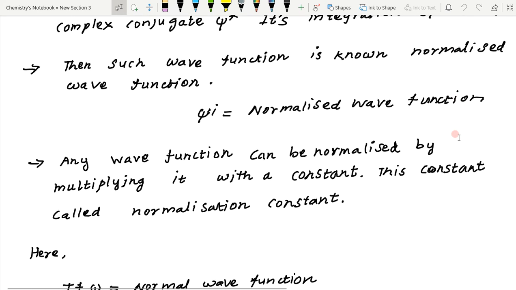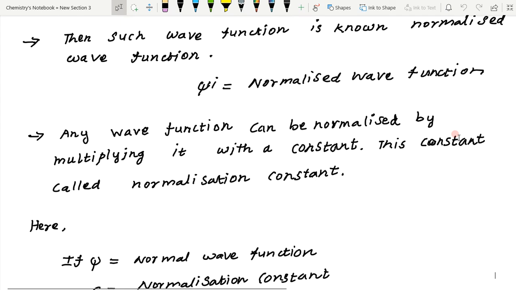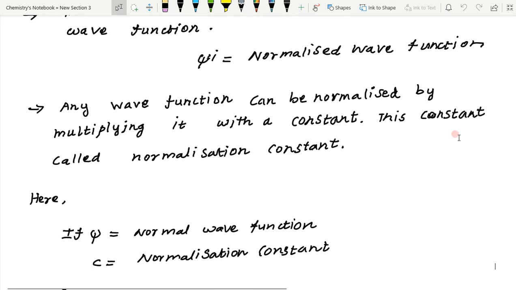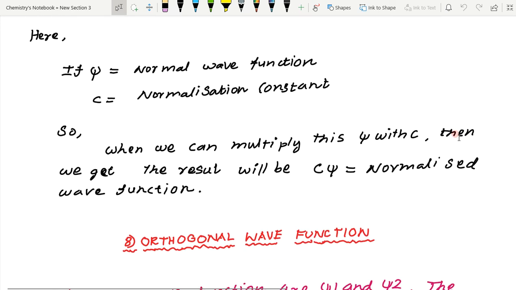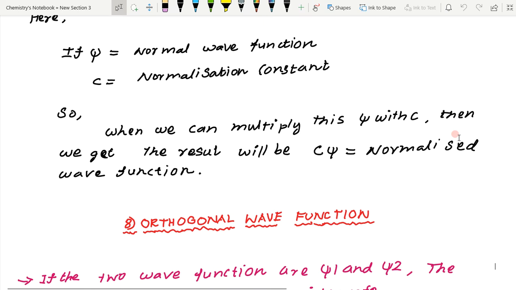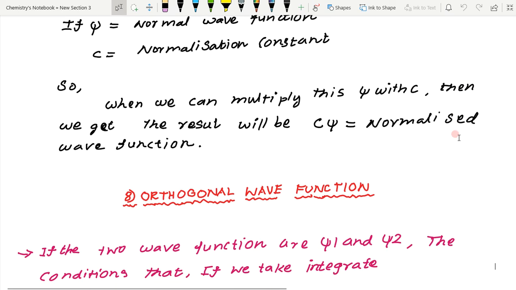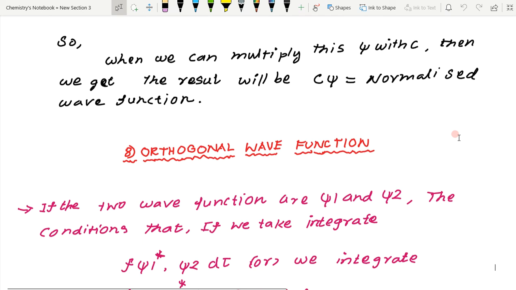Any wave function can be normalized by multiplying it with a constant, called the normalization constant. If psi is the wave function and c is the normalization constant, then multiplying psi with c gives c psi, which is the normalized wave function.